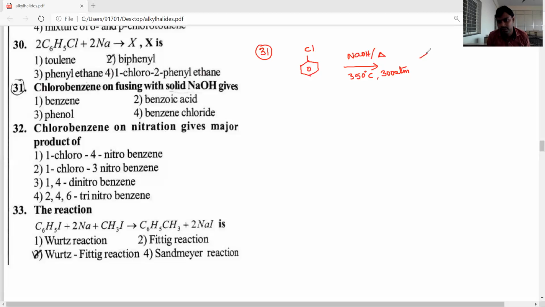Then the product is phenol. This reaction is known as Dow's process.